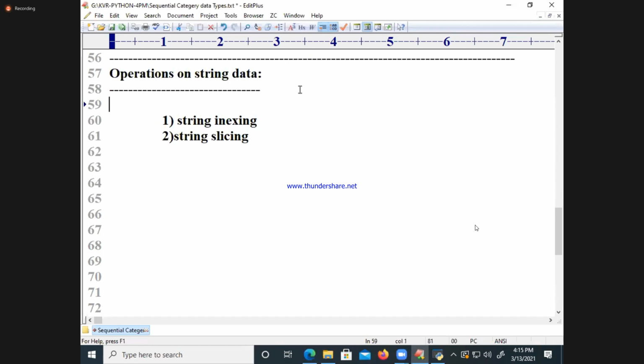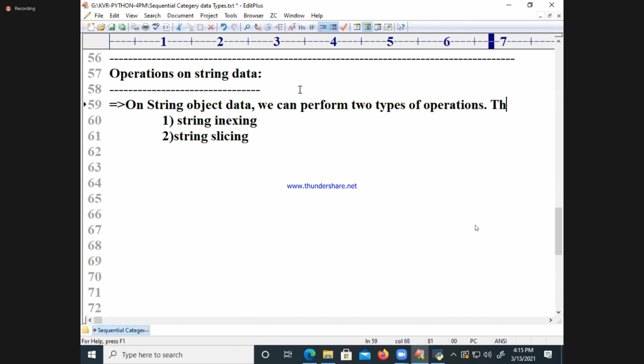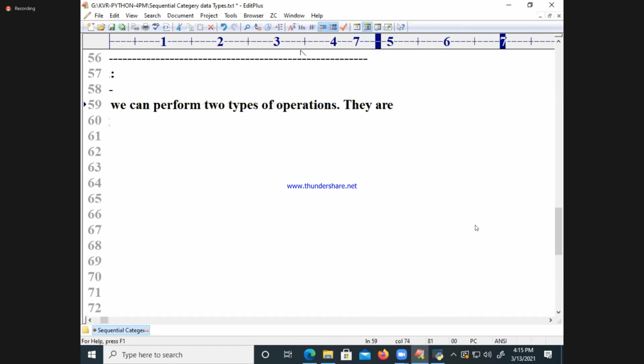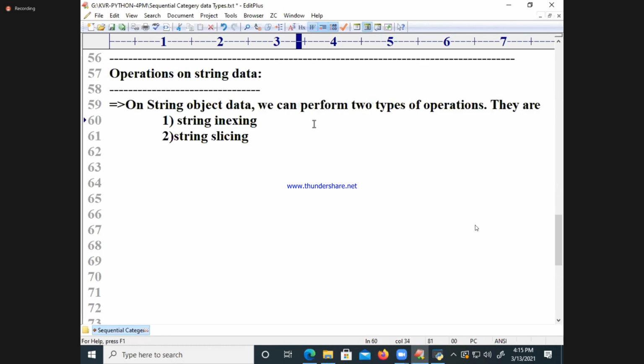Within that, write down: on string object data we can perform 2 types of operations.